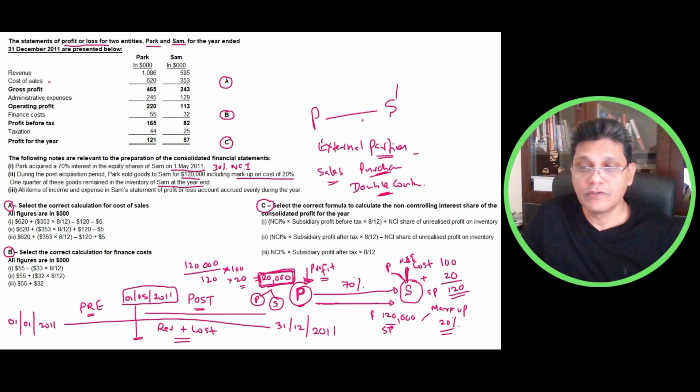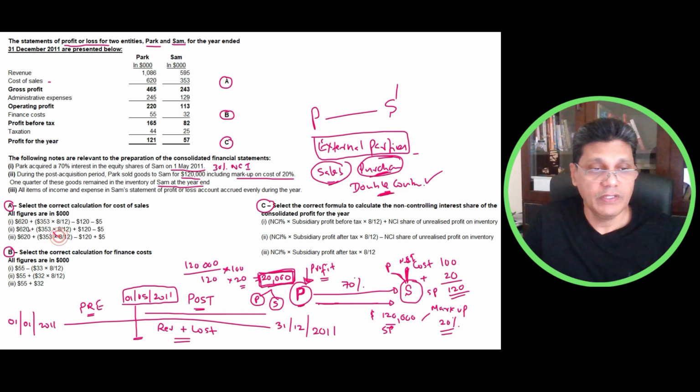This is like transferring money from one hand to the other. So no actual profit is generated from this exchange because it does not involve an external party. So once it is sold to external parties, then only you can recognize it. Otherwise all intercompany transactions have to be eliminated, otherwise that will lead to double counting. Please remember that.